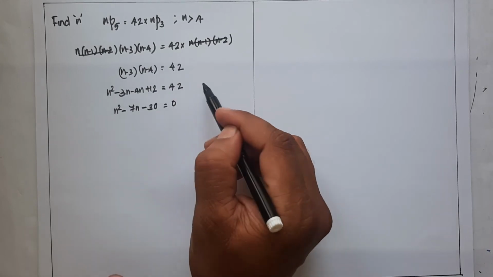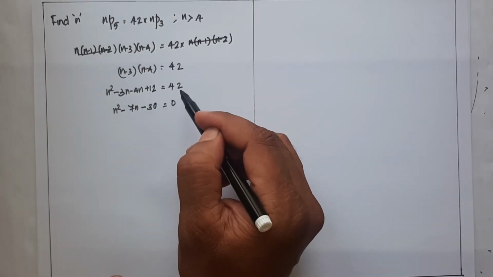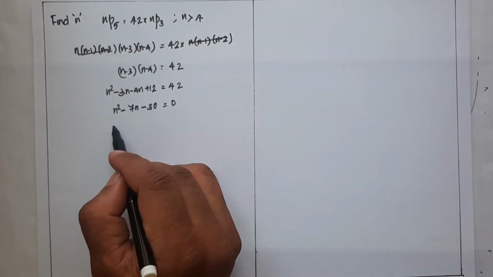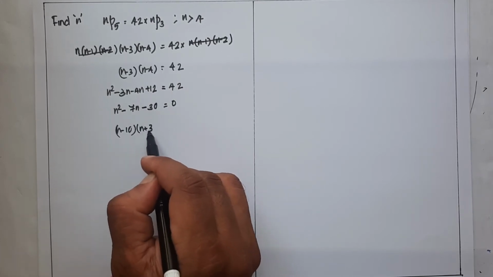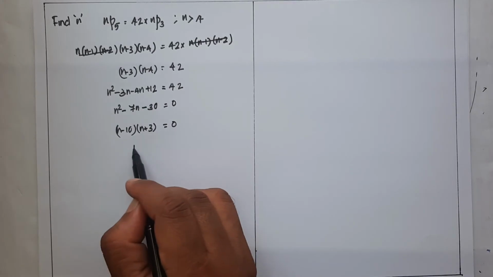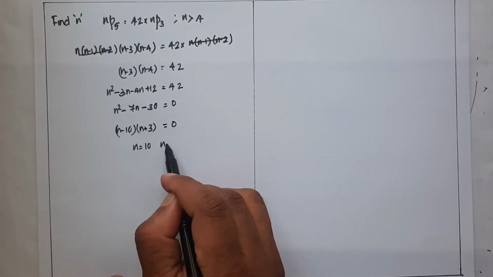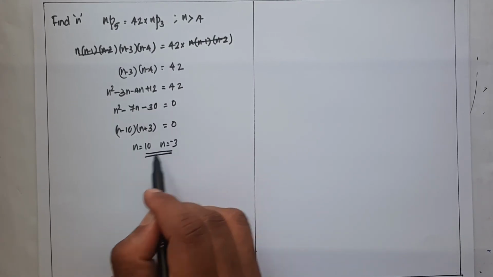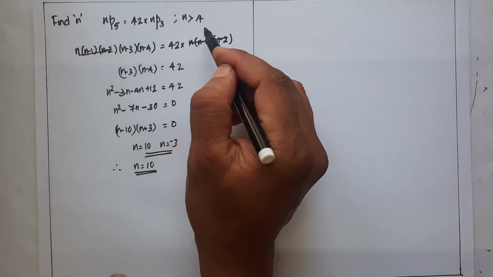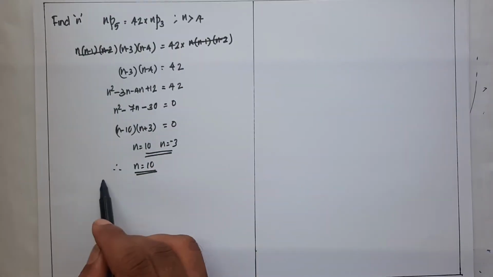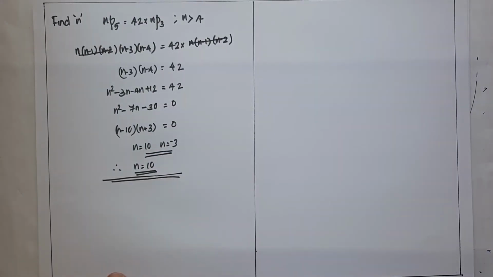Now add to minus 7 and multiply to minus 30: the numbers are minus 10 and 3. Therefore n minus 10 into n plus 3 equal to 0. Therefore we get n equal to 10 and n is equal to minus 3. But here we consider only the value n is 10, because a negative value is not considered. Our question gives n greater than 4. So we consider only n is 10. That's all. It's a very simple question.